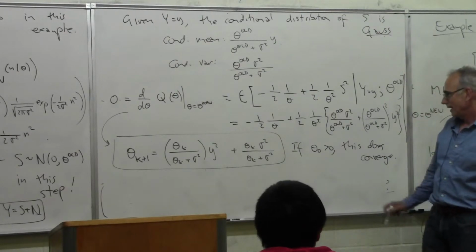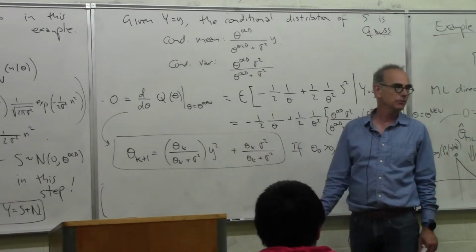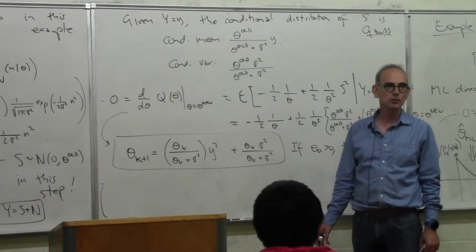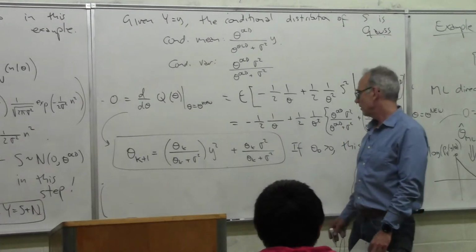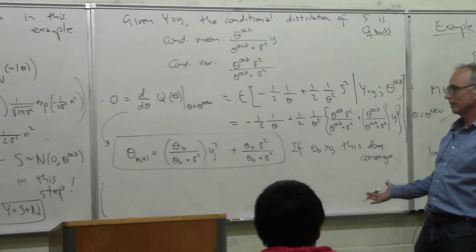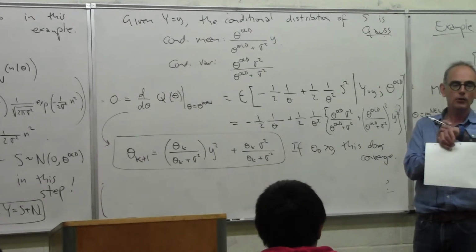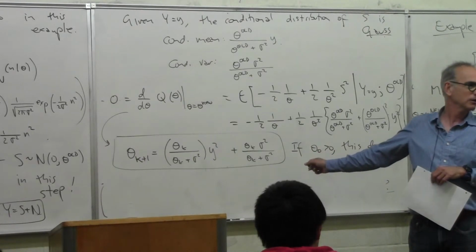It's a horrible nonlinear function of theta, so you have to do a lot of work to prove this converges. But it's worthwhile seeing that it's non-trivial. Why on earth did we get lucky here?